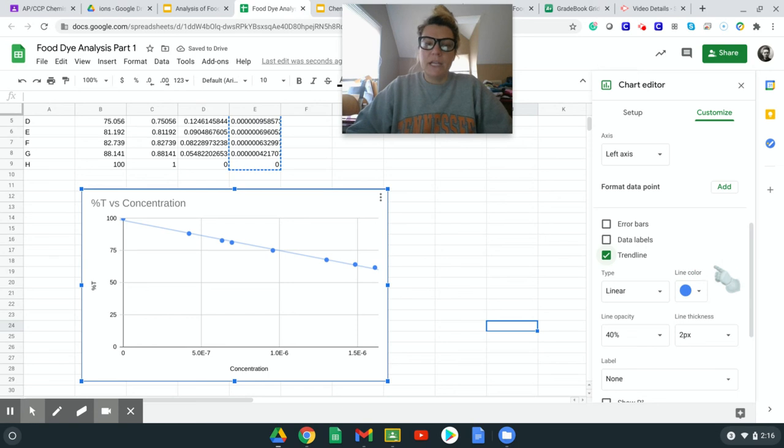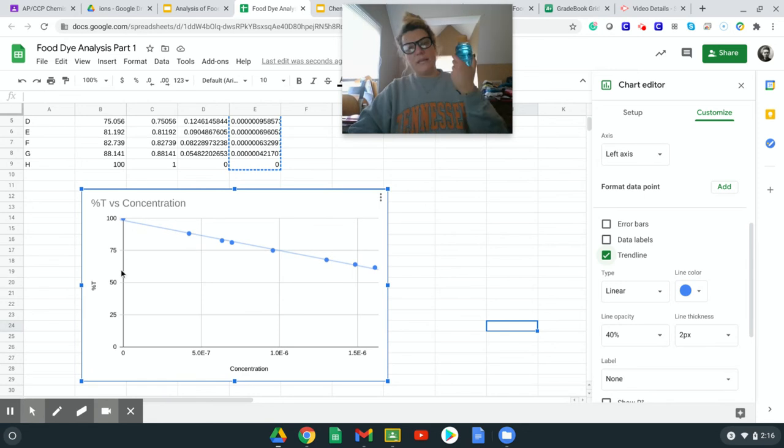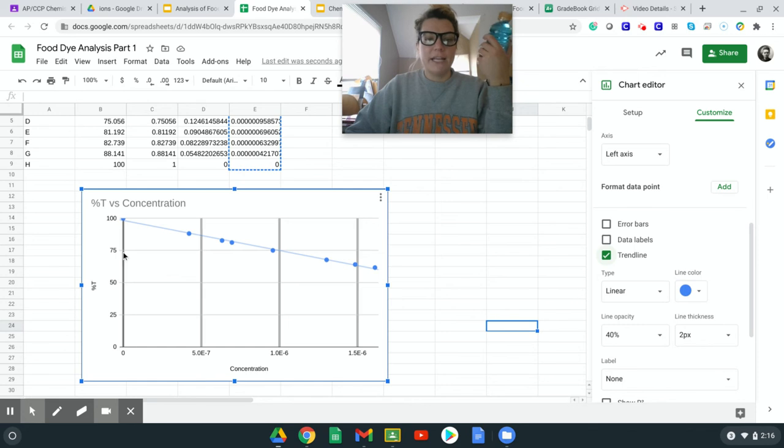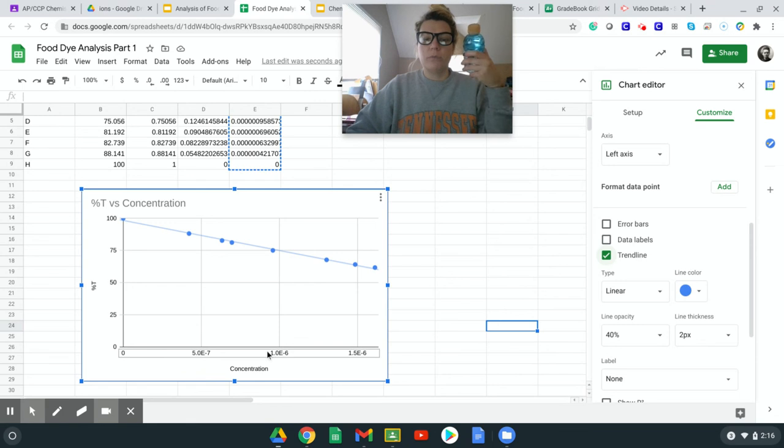And now that I have trend line, no matter what information I get, I can use that trend line to then figure out the concentration, right? So let's say I take a sample of this and I read it and I get 75% transmittance. I can go here and go down and say that the concentration of the blue dye in this sample is 1 × 10⁻⁶ micromolar, okay?